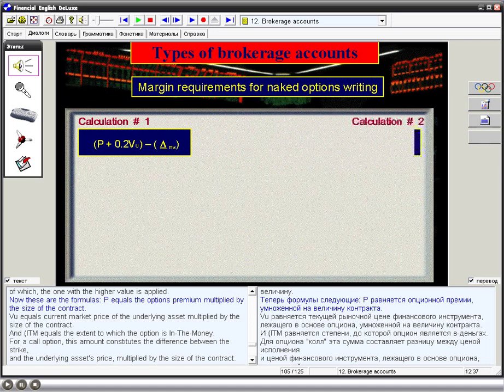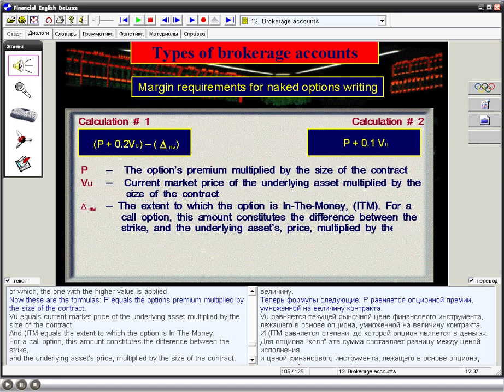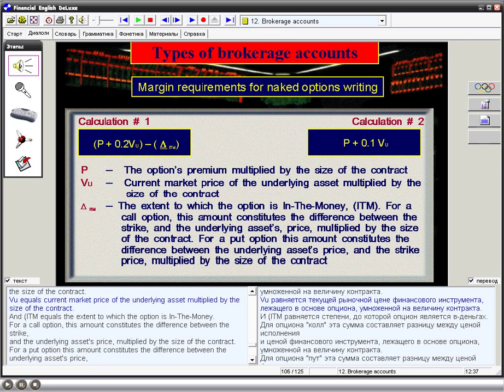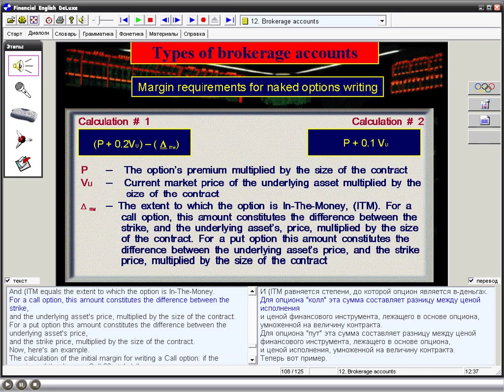And delta ITM equals the extent to which the option is in the money. For a call option, this amount constitutes the difference between the strike and the underlying asset's price, multiplied by the size of the contract. For a put option, this amount constitutes the difference between the underlying asset's price and the strike price multiplied by the size of the contract.